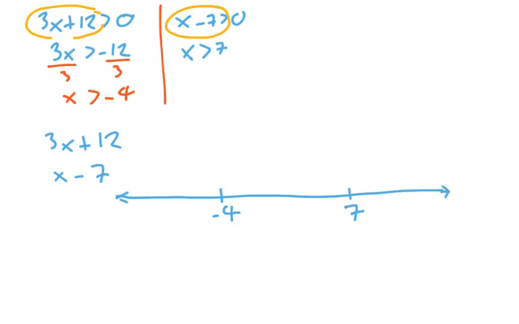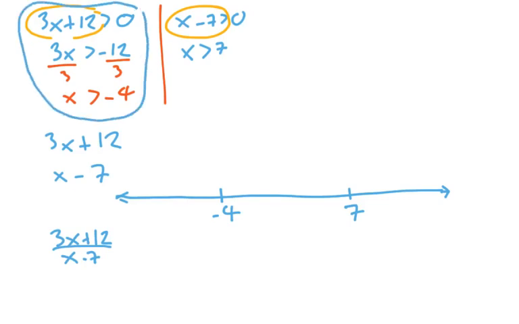Now, we're concerned with the fraction 3x plus 12 over x minus 7. And we're going to use the work we have up here at the top of the page to figure out where to put our plus and minus signs. So this work here is showing me that 3x plus 12 is greater than 0, positive, whenever x is to the right of negative 4.